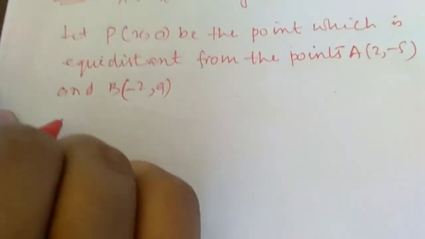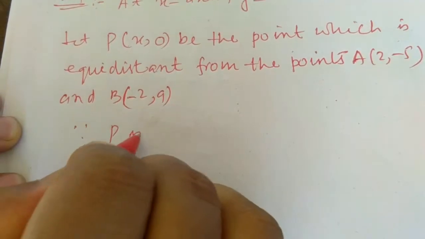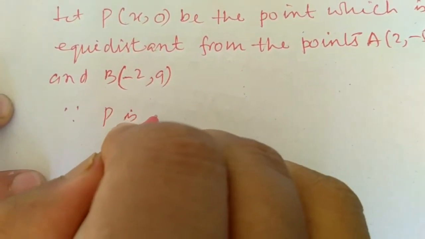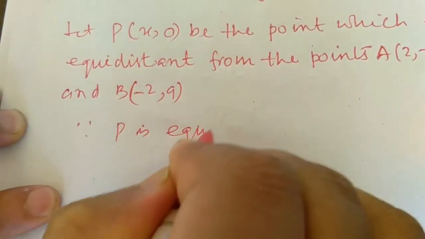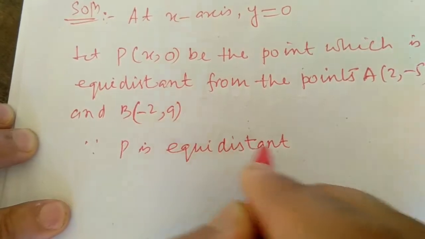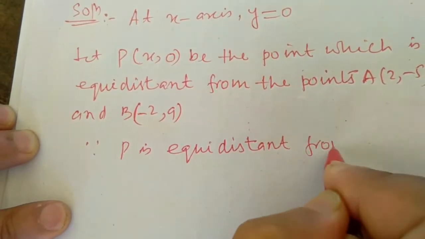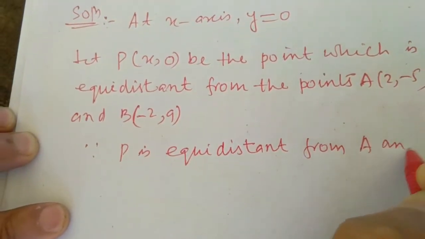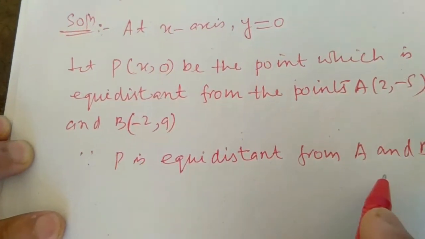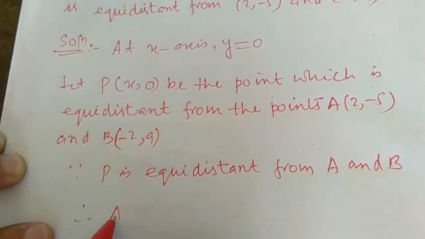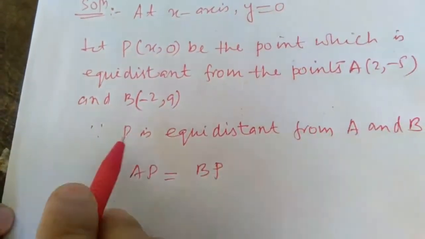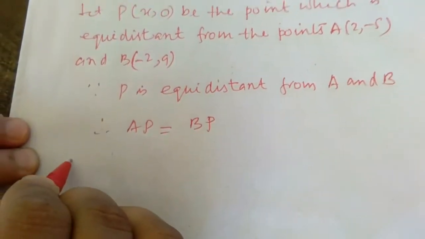Okay, so since P is, clear na? P is equidistant. Equidistant means equal distance. Equidistant from A and B. Equidistant means equal distance. Therefore, AP must be equal to BP. Equidistant is given, so AP must be equal to BP.